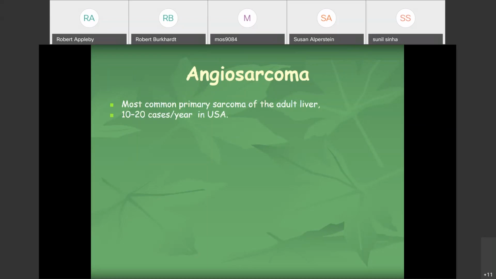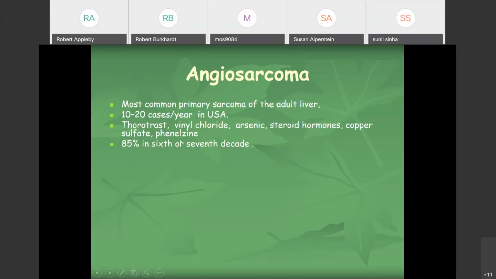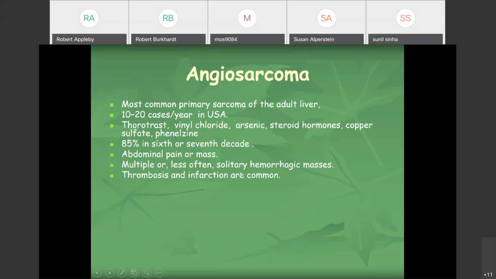10 to 20 cases per year in the US, associated with all these toxins. Usually it's elderly disease, abdominal pain, multiple, less often solitary hemorrhagic masses, thrombosis, infarctions are common.